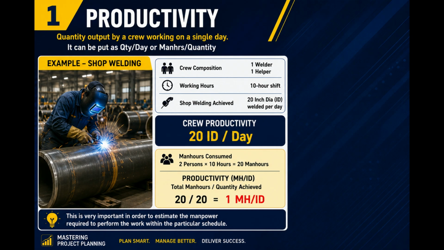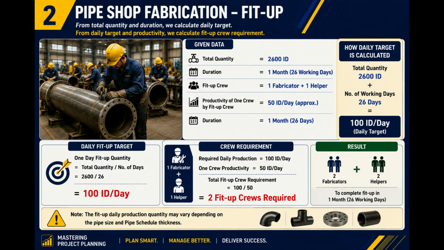Let us assume for some small project we need to do the shop fabrication of 2600 inch dia. This has to be completed in a 1 month duration. If it is 1 month, let us assume we have 26 working days. So in 26 days, we need to achieve this 2600 inch dia.